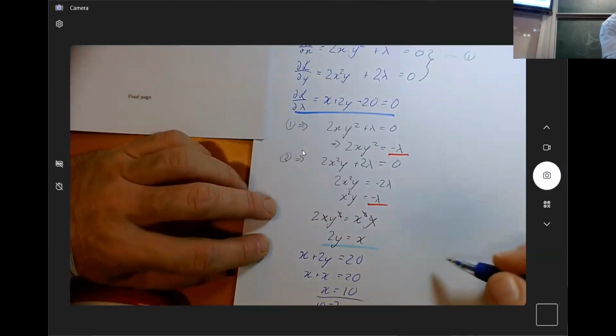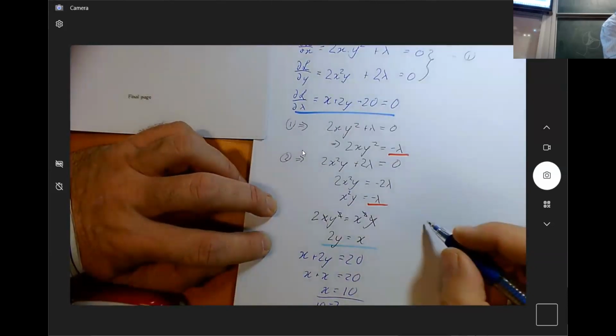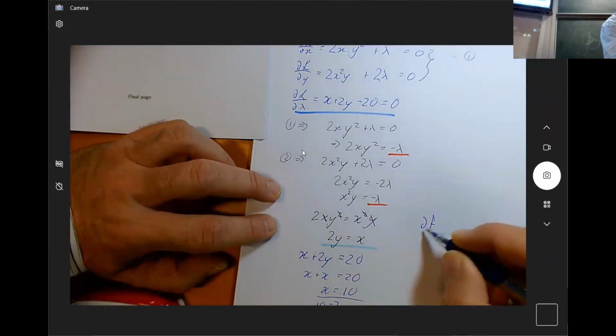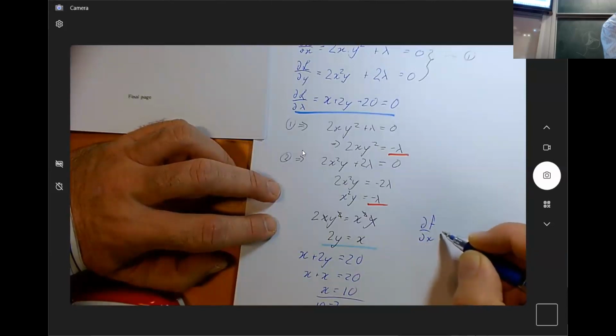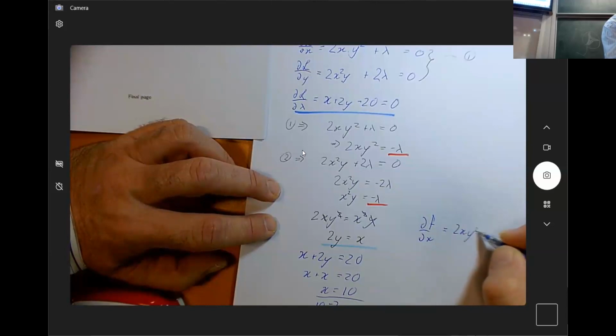If we look at the partial derivative of just f with respect to x, that's going to be 2xy squared.